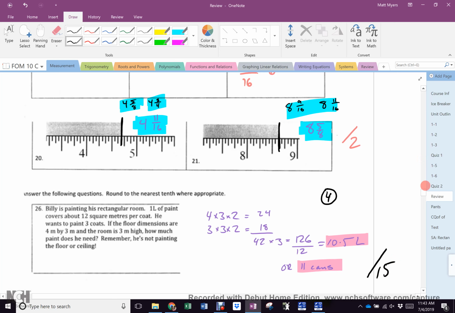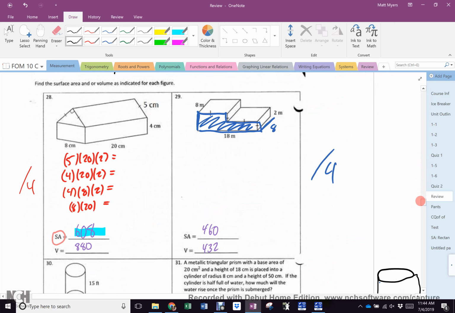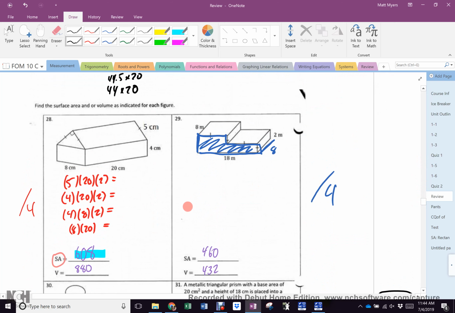Lovely. Remember, in these paint questions, you have to remember that the 3 meters high is the rectangle, right? These are worth 4 each, even though it's volume and surface area.